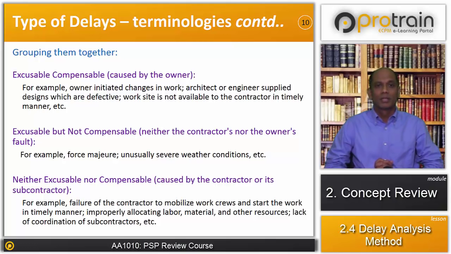The third group is neither excusable nor compensable delay. These are delays solely caused by the contractor and its subcontractors. In such a scenario, the contractor is penalized under the provisions of the contract.